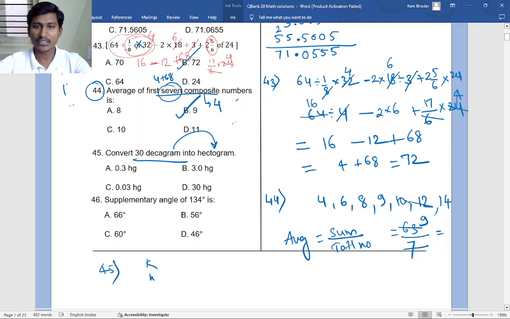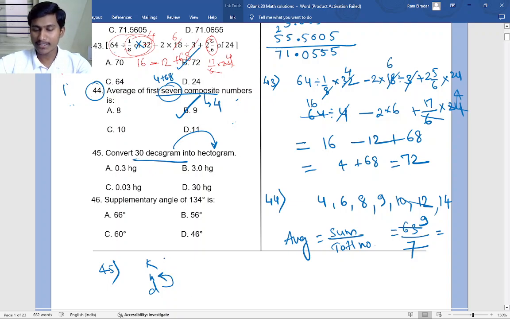So they are asking convert decagram to hectogram, right? So kilo, hecto, deca, that's enough, because we need to go deca to hecto here. Okay. So kilo is, sorry, reverse, kilo is the bigger one, isn't it? So kilo is 1000, so kilo is the bigger one.